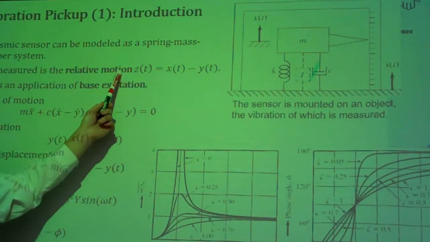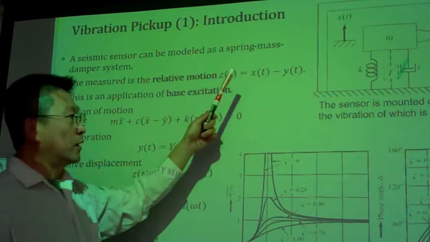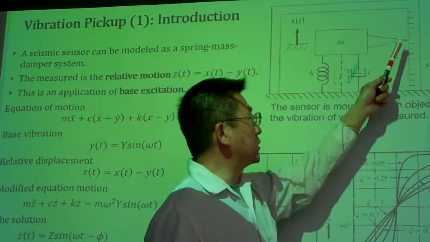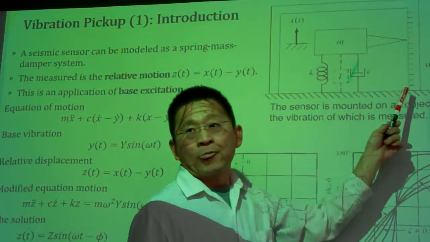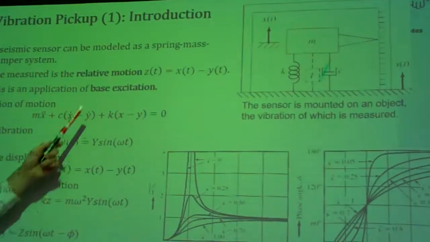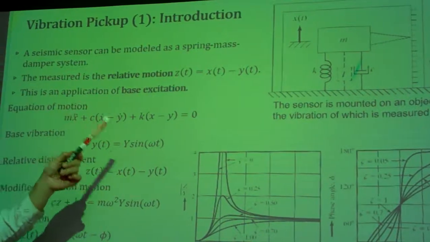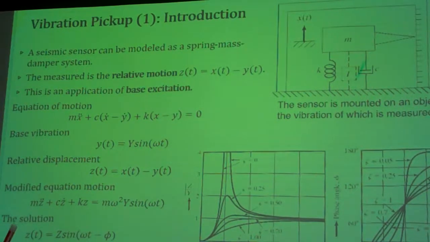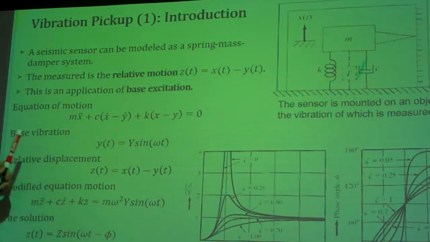Whatever is output by the recording of the sensor is a relative displacement. So for this application, vibration pickup, we really focus on the relative displacement. That is where we start from.